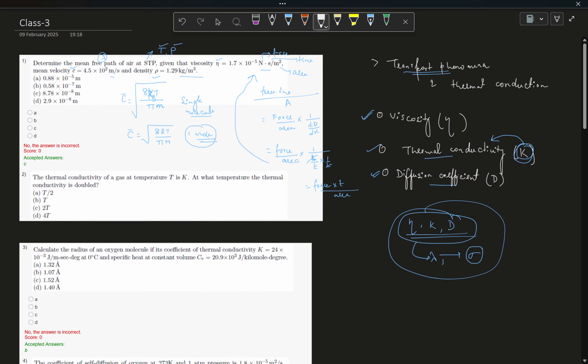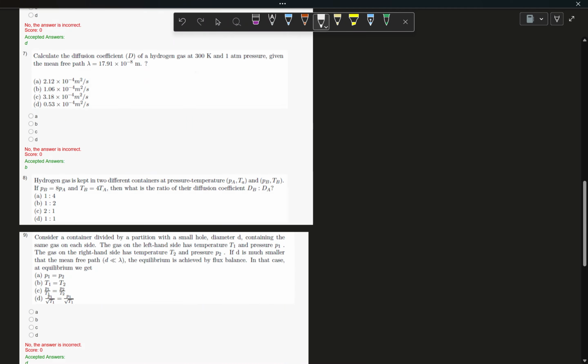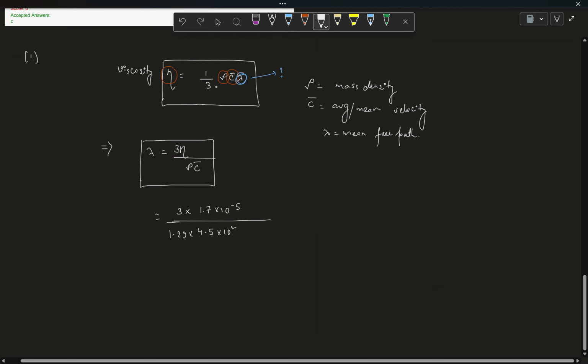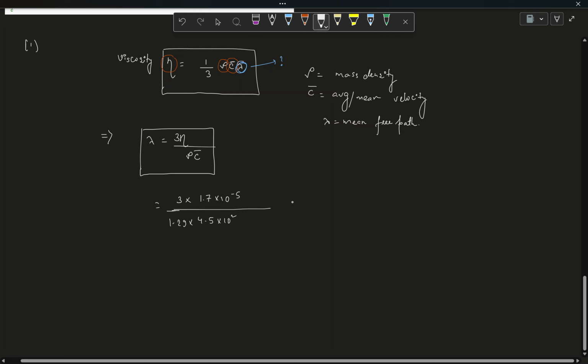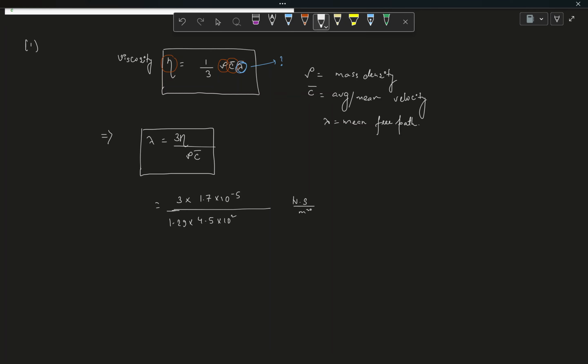And then for the unit, you already know lambda's unit because it is a length scale. Mean free path is a length scale, so it will be in meter. But you can also check from a separate unit conversion that this formula is actually giving you the right dimension. Viscosity is in the top part, so it is Newton second per meter squared.